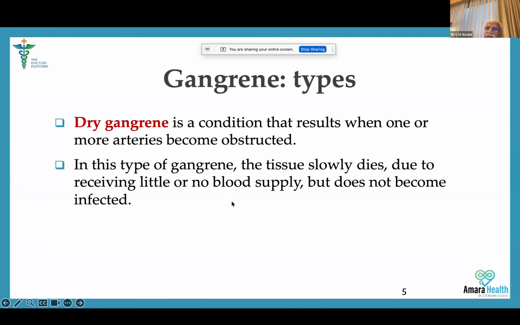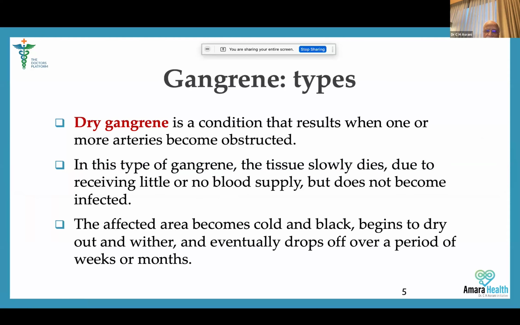But it is not infected. This is dry, no infection, no pus cells. The affected area becomes cold and black, begins to dry out and wither. It actually shrinks and eventually drops off over a period of weeks or months.